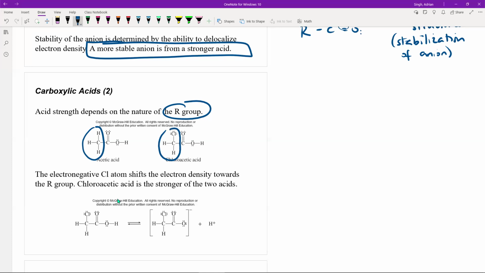So if you look at the difference between them, right, the difference between acetic and chloroacetic acid is the chlorine, right? In chloroacetic acid it's there, and in acetic acid we just have 3 H's around the carbon. We draw these, right? So the difference there is the Cl. Now, that Cl is more electronegative than even the C or the H's that it's connected to or that are nearby.